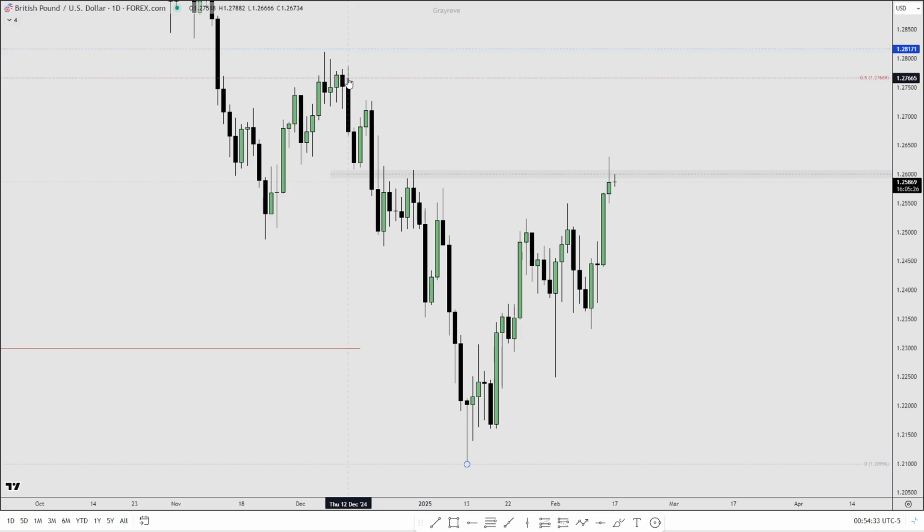Okay, now the game plan. As long as I see a daily candle trading into this level right here, I will be dropping down into the 1 hour to look for a change in the state of delivery, and then I'll look for OTE entry to take out any highs from the past 3 days.